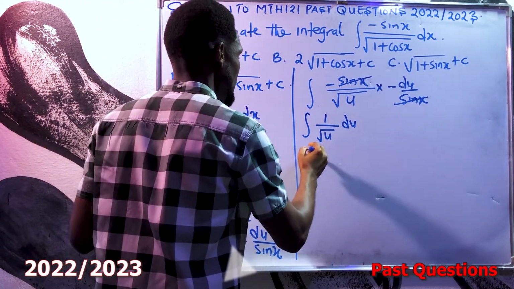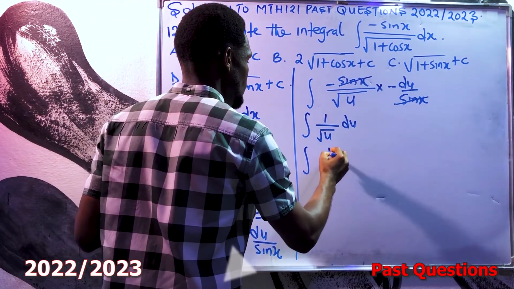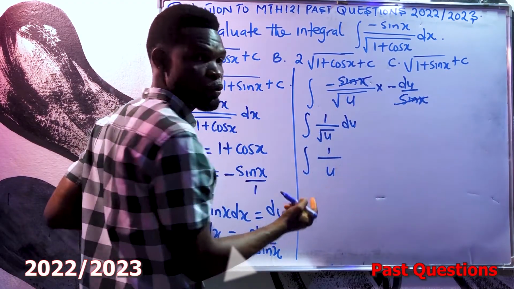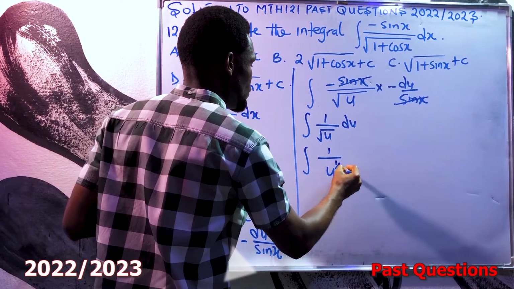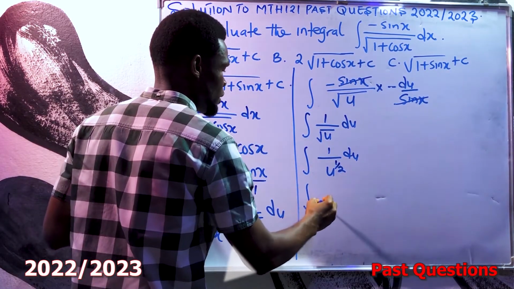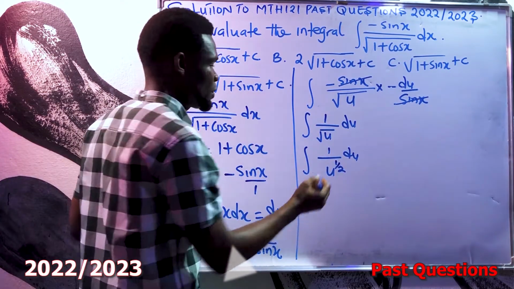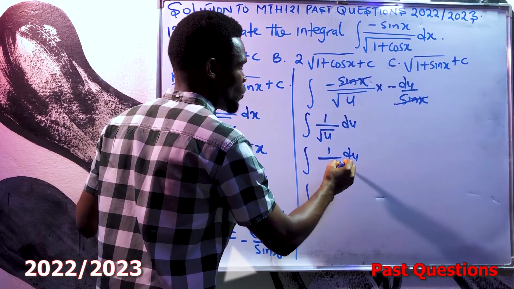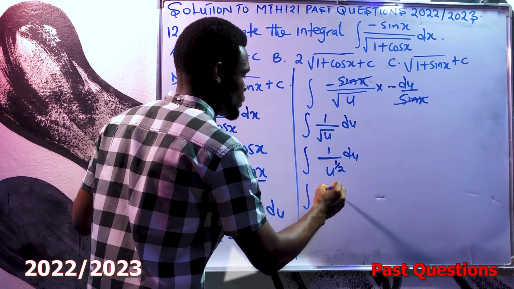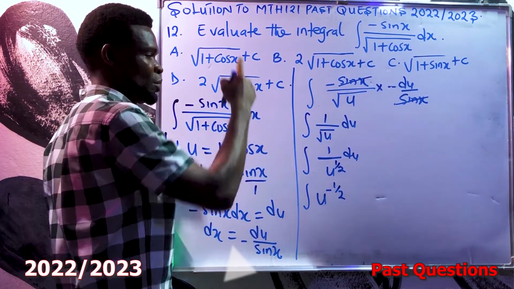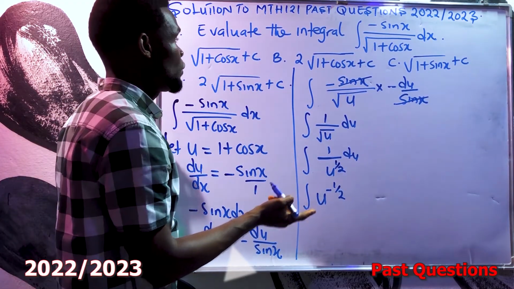Now this will be written as the integral of 1 over u raised to power, what is root, the square root sign, in mathematics? Raised to power 1 over 2, du. So from the laws of indices, 1 over u raised to power 1 over 2 means u raised to power minus 1 over 2. I've explained this in the previous question.